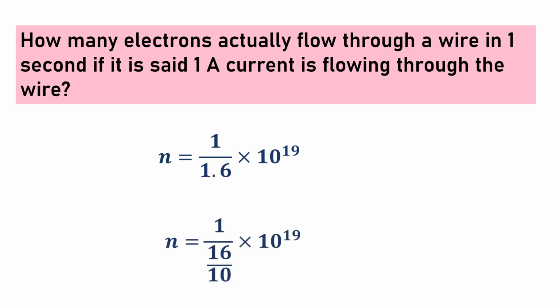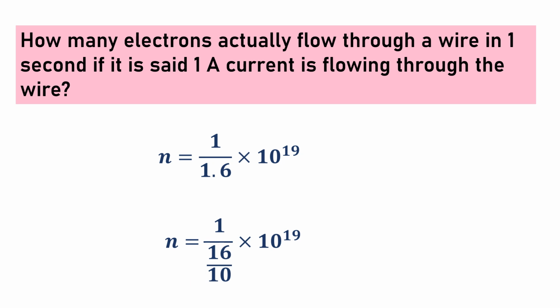Fine. So what can we do now? Now I'm just making it simpler. 1.6, I have broken into 16 by 10. The decimal is changed into a fraction. This has become a bit of a complex fraction, but it indicates 1 divided by 16 by 10.